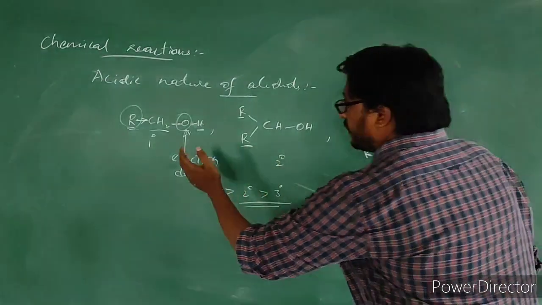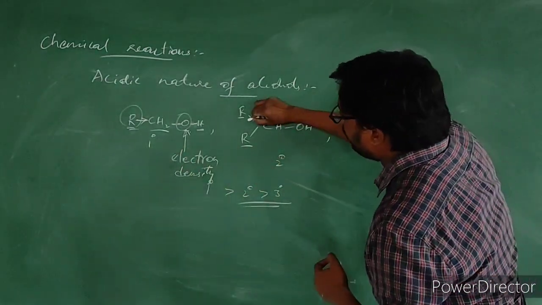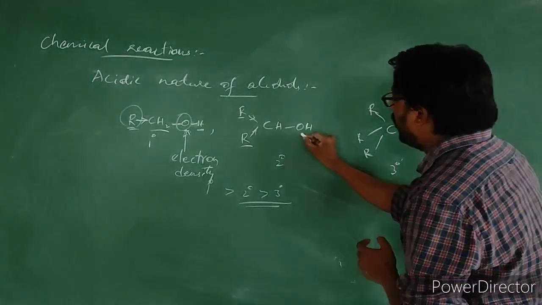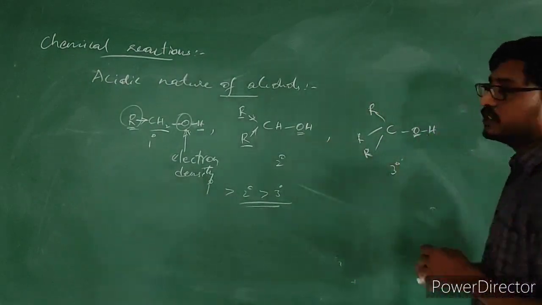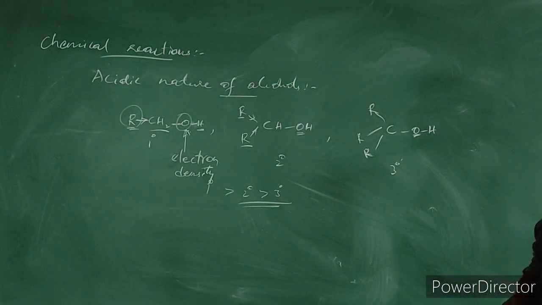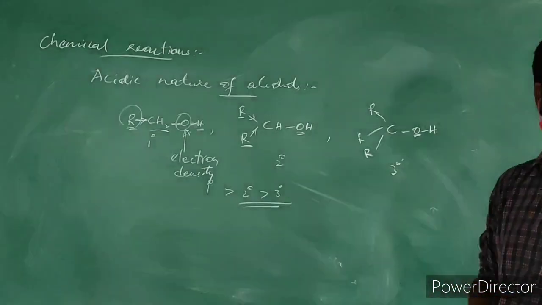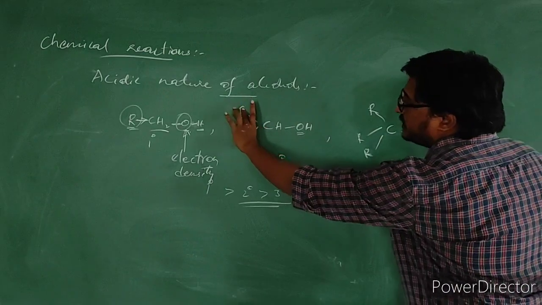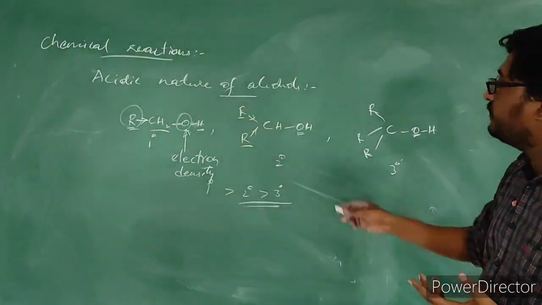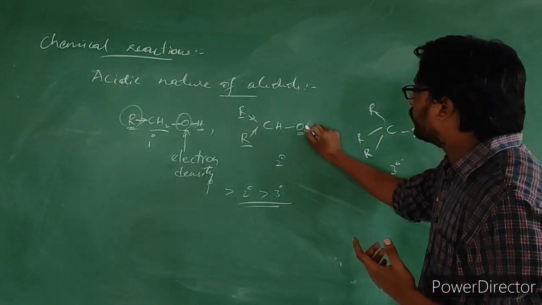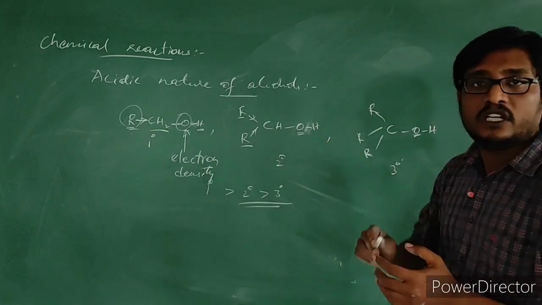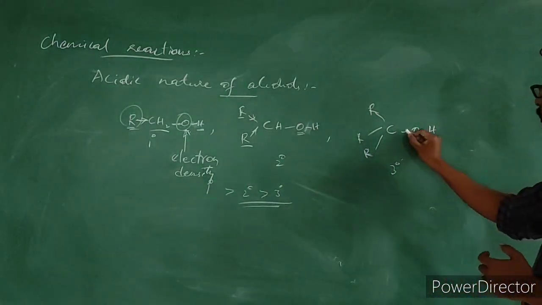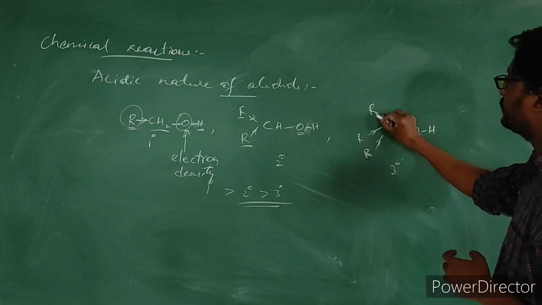Now, when you are going from left to right, you can see the number of alkyl groups are increasing. The meaning of that is electron density on this oxygen goes on increasing. If that increases, polarity of the OH bond will decrease because oxygen is getting electrons from these alkyl groups. There is no necessity for this oxygen to pull the electrons from this hydrogen now. So it will not give out that hydrogen easily. In case of this, electron density will be further more.